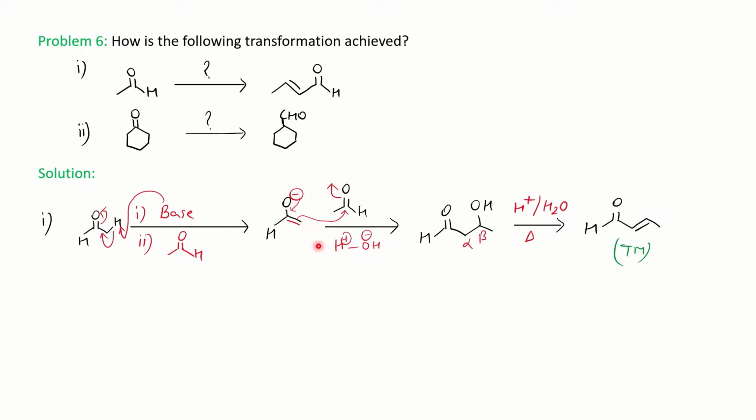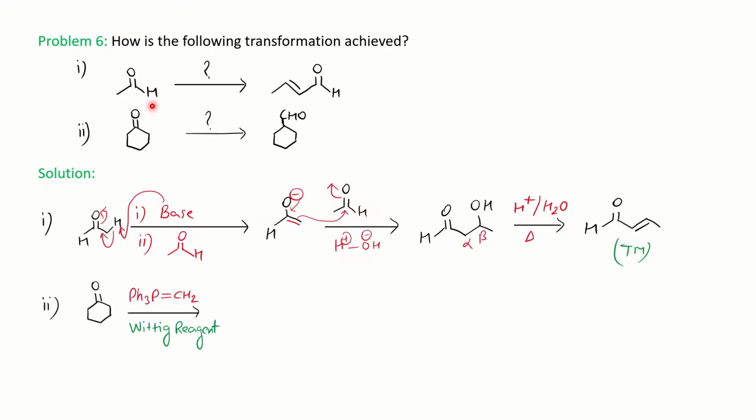And this is nothing but a very famous named reaction called the aldol condensation reaction, which is a self condensation reaction. So this is how you can synthesize the first molecule, where you are converting a carbonyl group to the alpha beta unsaturated carbonyl group. So here it is an aldehyde. You can have a ketone also.